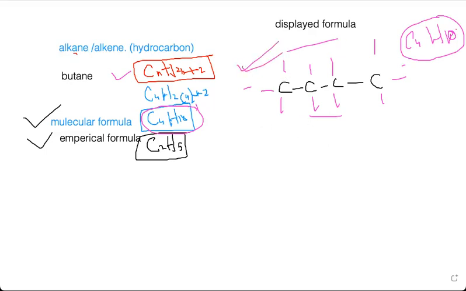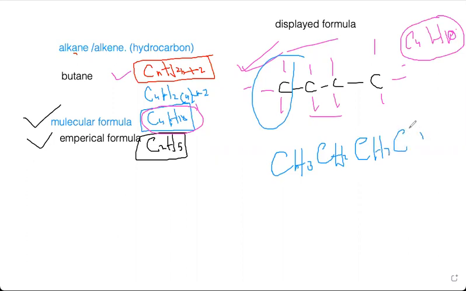Okay. Then what is the structural formula? A structural formula is a formula which can be made just according to the structure. This is the easiest way by which I could define it. So for the structural formula, you can write CH3, then CH2, then CH2, and then CH3. This is a structural formula.